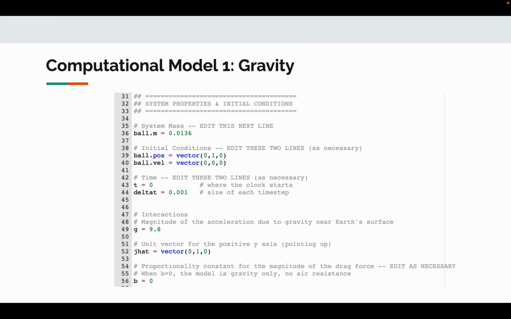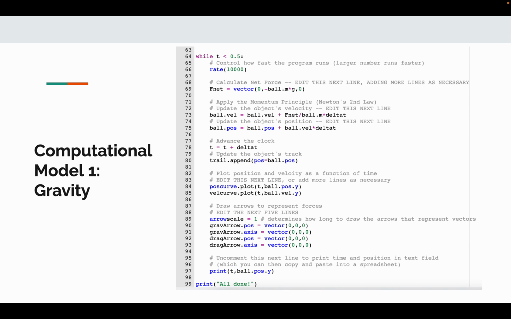So then after doing the experiment, I created a computational model which showed the impacts of just gravity on the eraser. I inputted the mass of the ball and the initial position of the ball, and then I used the mass times the gravity constant of Earth to find the net force acting on the ball because this model is just showing gravity.